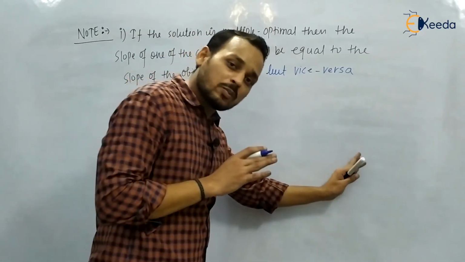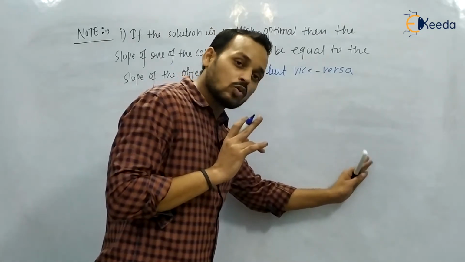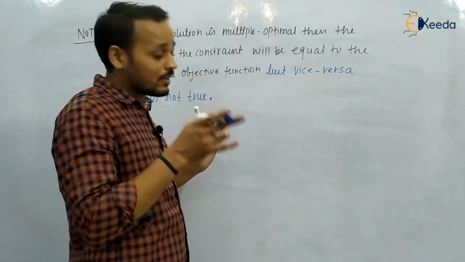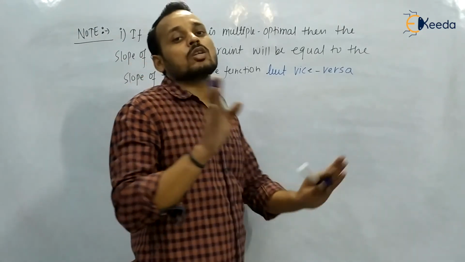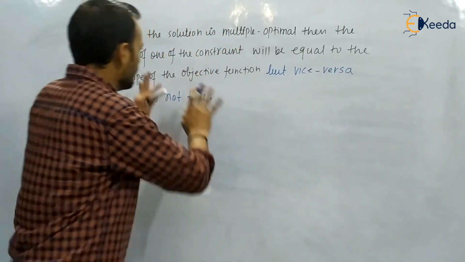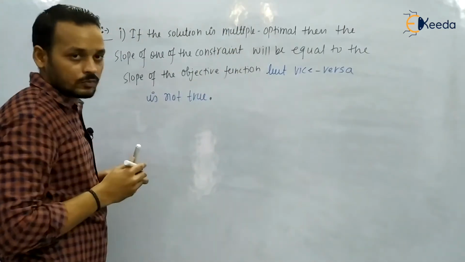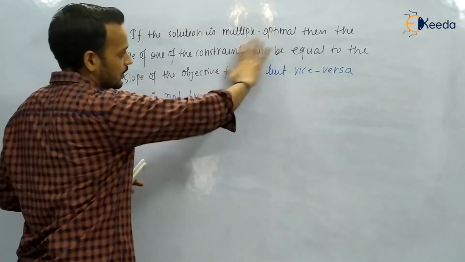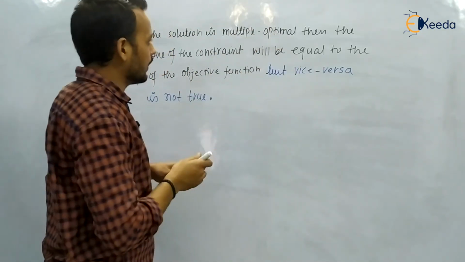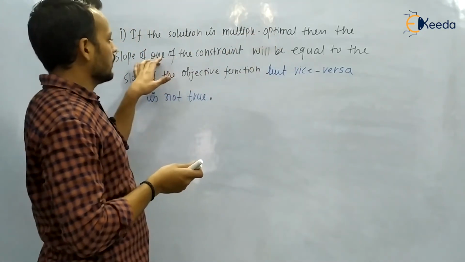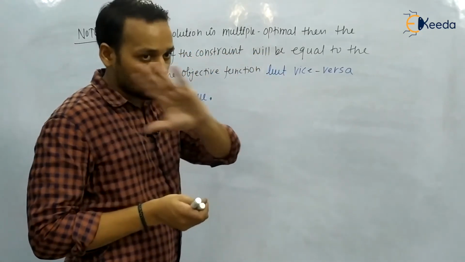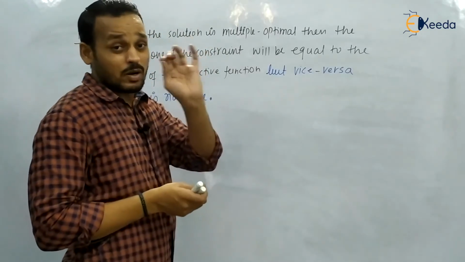In the first example, the solution was multiple optimal and the slope was equal. But in the second case, the slope was equal but the solution was not multiple optimal. So these statements and examples tell us that if the solution is multiple optimal, then the slope of one of the constraints will be equal to that of the objective function, but vice versa is not true. Just keep these things in mind.